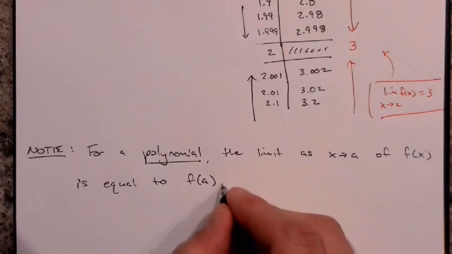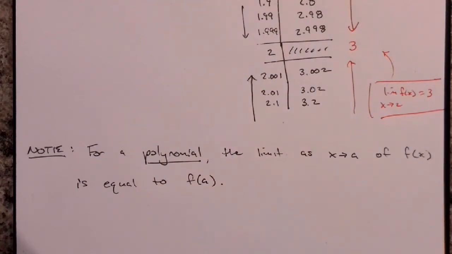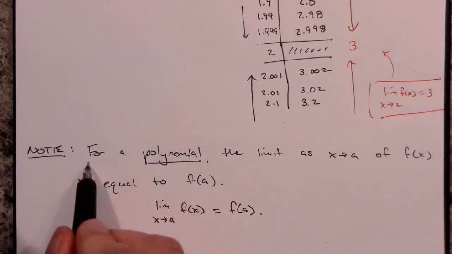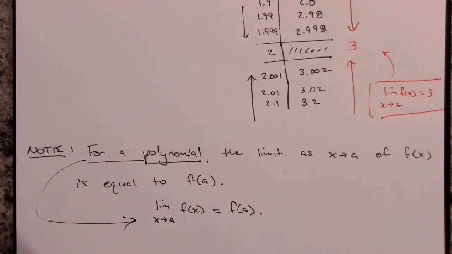In other words, if you sub a into the function, you'll get the same value. So what I'm really saying is, in the notation, the limit as x approaches a of f of x equals f of a. But this is only for a polynomial. We'll talk about other cases where it's true a little bit later, but for right now, know that for a polynomial, that's true.